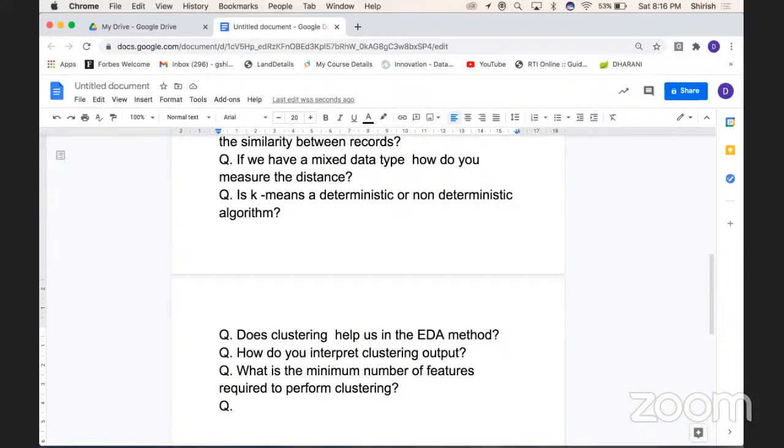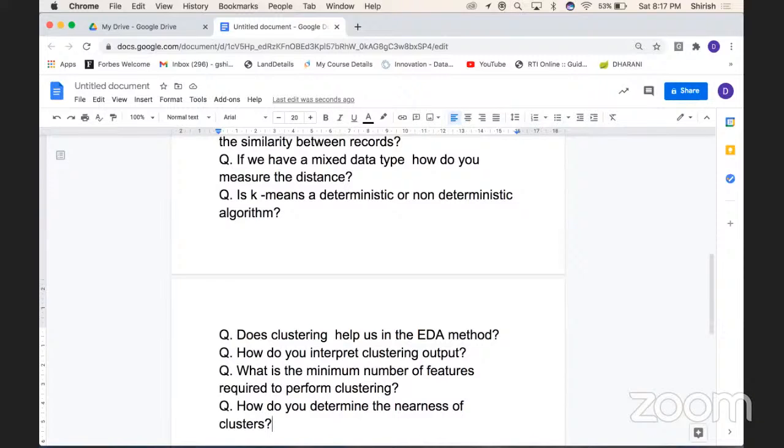Tell me. So we are covering only clusters for the day. Nearness.